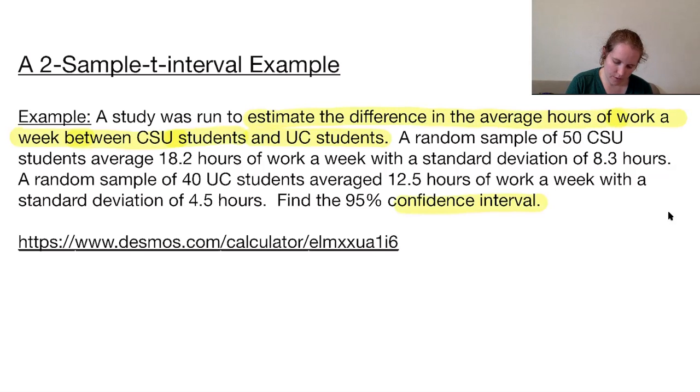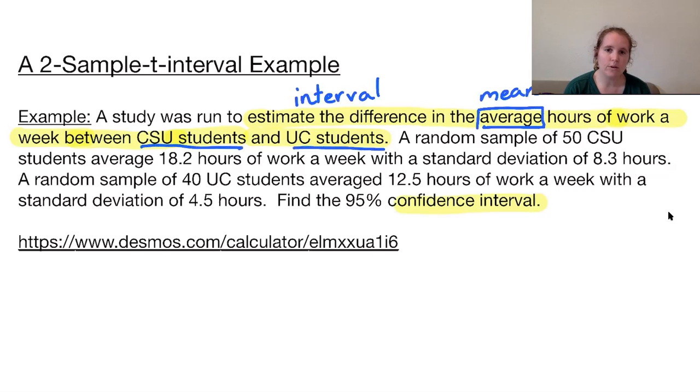So we're doing an interval. We're talking about average, or the mean. And we're comparing CSU students and UC students. So we have two populations.